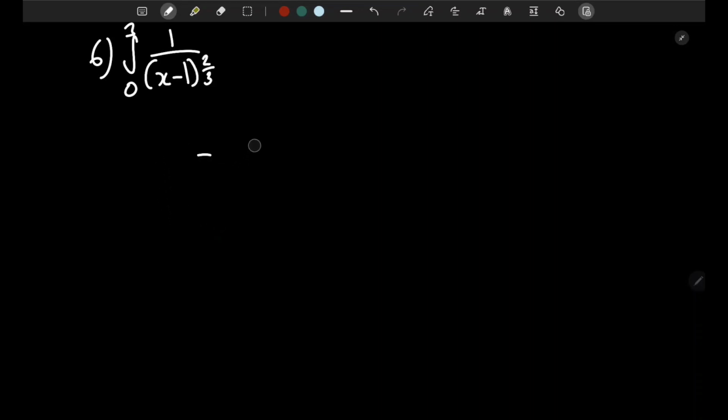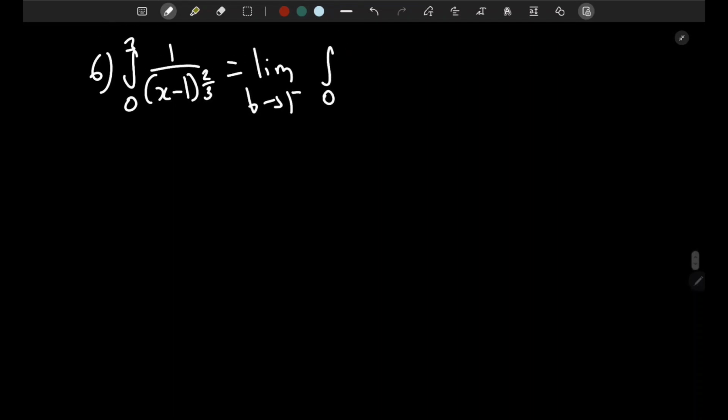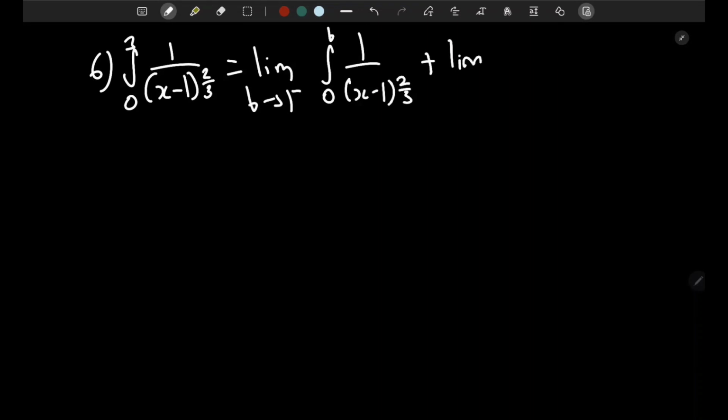So what we need to do here is split the integral into two parts. The first part will be the limit as b approaches 1 minus, from 0 to b, of the same integration, 1 over (x minus 1) to the power of 2 over 3, plus the other limit, from 1 plus all the way to 3.